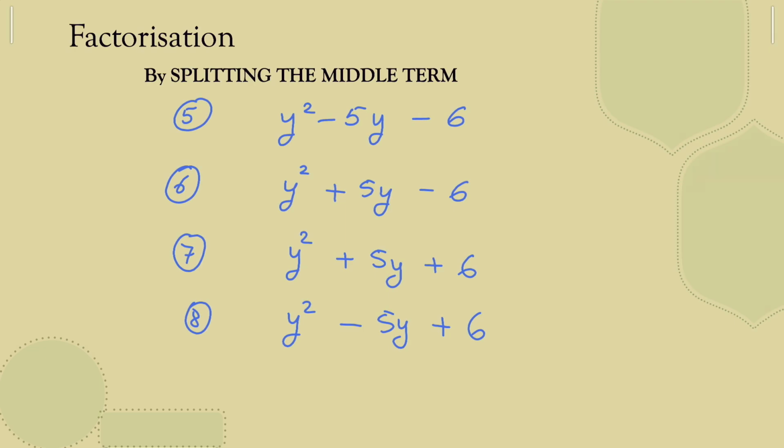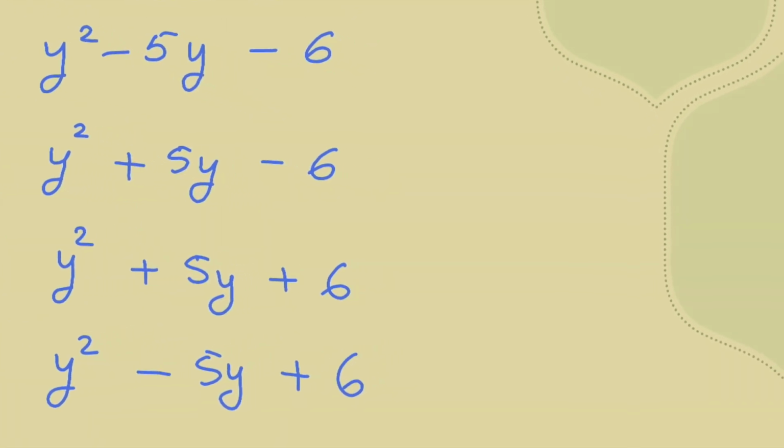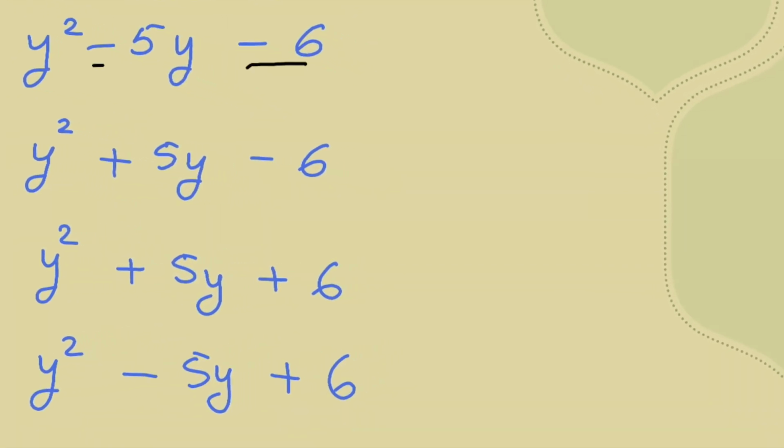Just observe for this fifth question, to get negative 6 as the product and negative 5 as the sum, your splitting will be negative 6 and positive 1. In the sixth question, to get negative product and positive sum, splitting will be plus 6 and minus 1.